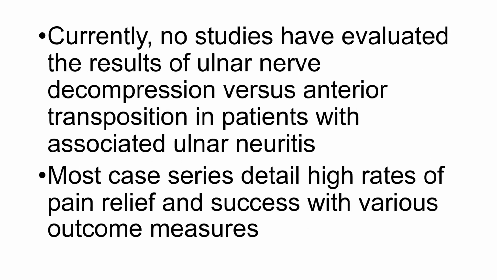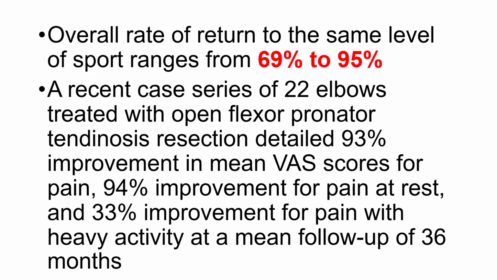Currently, no studies have evaluated the results of ulnar nerve decompression versus anterior transposition in patients with associated ulnar neuritis. Most case studies detail high rates of pain relief and success with various outcome measures. Overall rate of return to the same level of sport ranges from 69 to 95%.